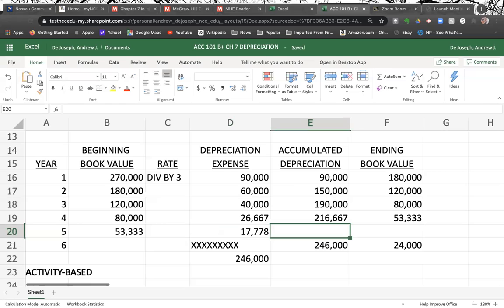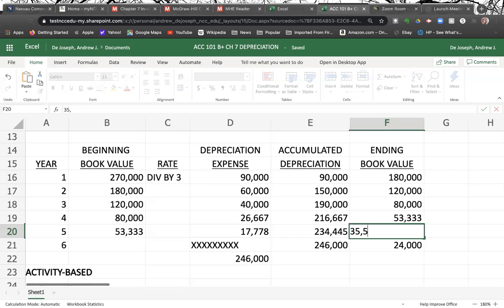All right, now if you add the 5 years together, $234,445. Right, and the book value $35,555.